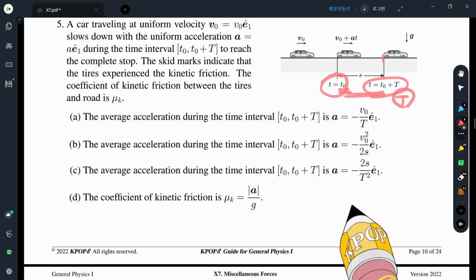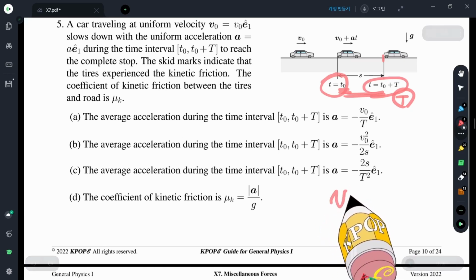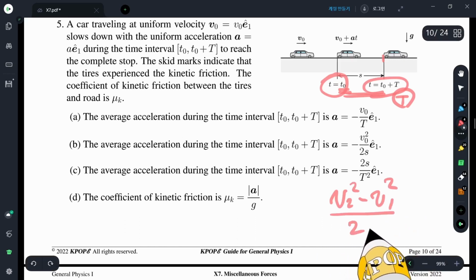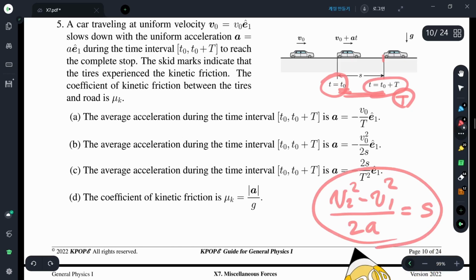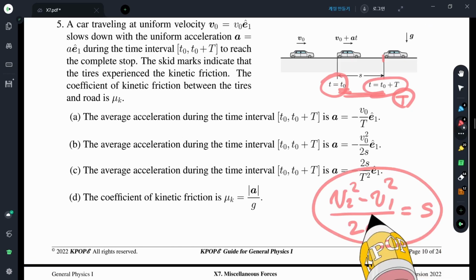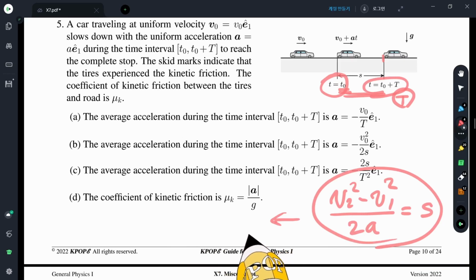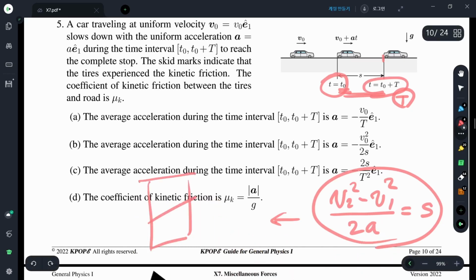We can make use of the formula v2 squared minus v1 squared equals 2a times the displacement, which we derived when we studied one-dimensional motion. This relation is related to the kinetic energy formula for the simplest case, the work kinetic energy formula, and we derived this using a trapezoid for the uniform acceleration.